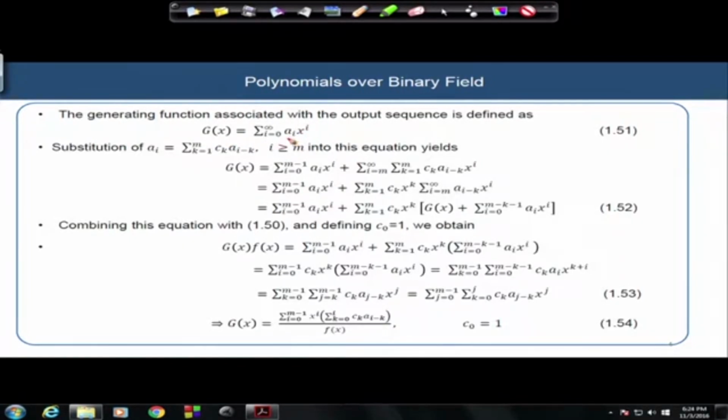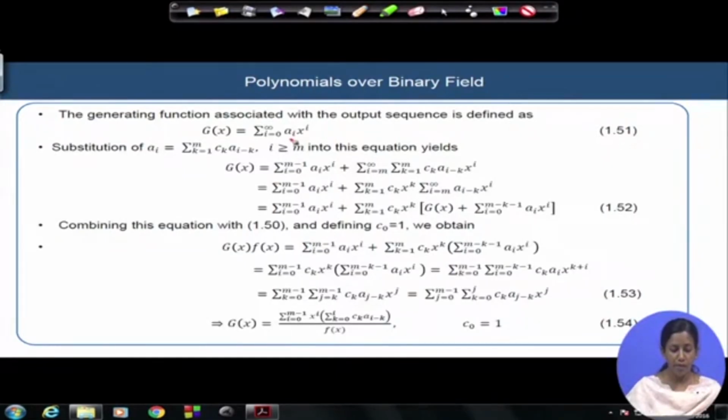The output a i is the output coming from the last stage S m, and it is the summation of the outputs coming from the last stage over the clock pulses running from i equal to 0 to infinity. So, continuously the sequence is getting generated.